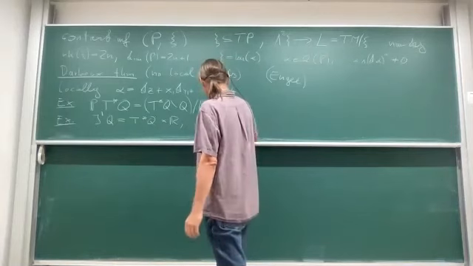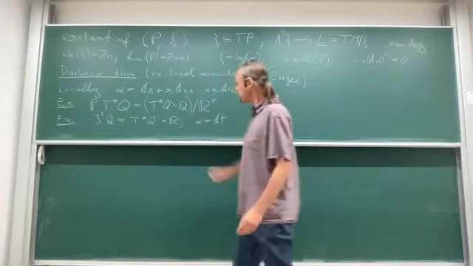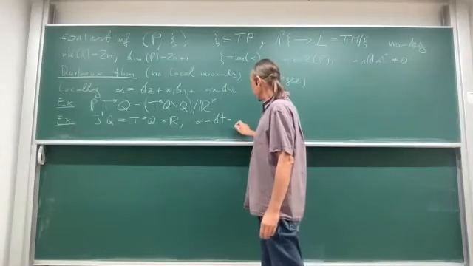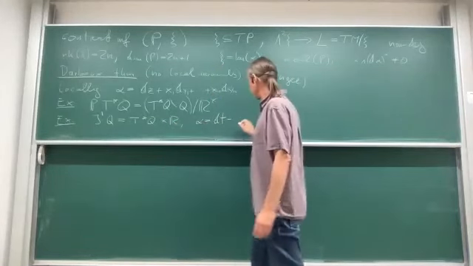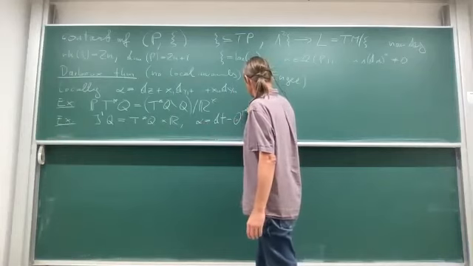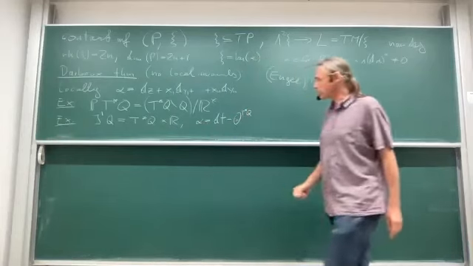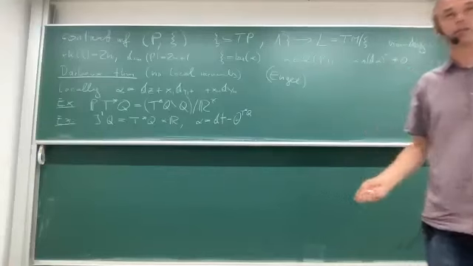We can take dt, the projection to the last factor, minus the canonical one form we have on T star Q. It's straightforward to verify that this is indeed a contact form.